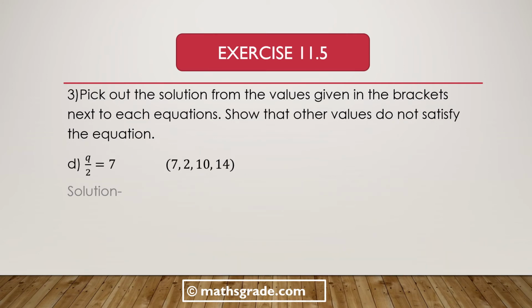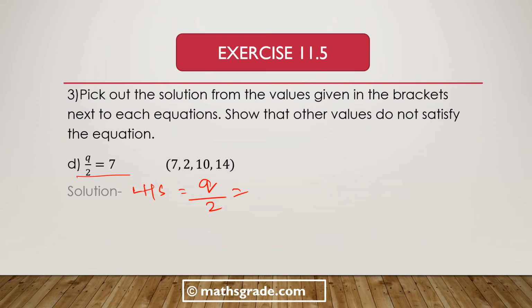Now d bit, q divided by 2 equal to 7, and the solutions are 7, 2, 10 and 14. First we have to substitute the variable q is 7 in the LHS of the equation, that is the left hand side of the equation, q divided by 2. We have to verify which is the solution for the given equation q divided by 2 equal to 7.